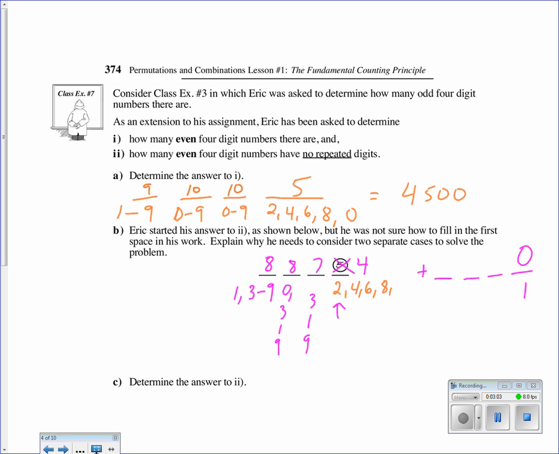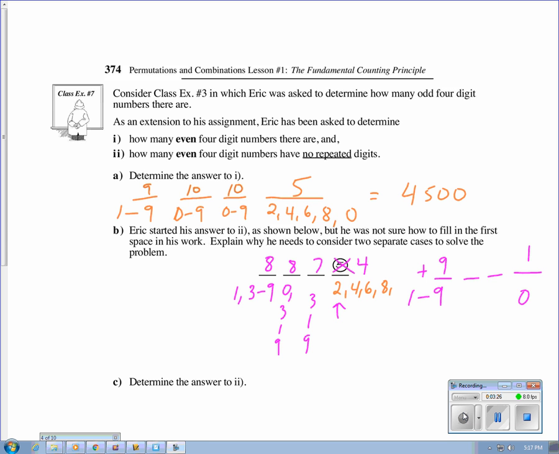There is one condition in which the number 0 is allowed to be an end term. So one choice for the number 0. And that leaves me with the numbers 1 through 9 as fair game for the first digit.